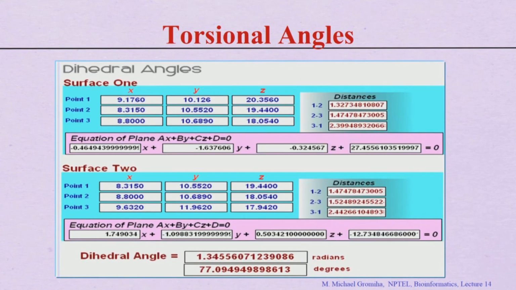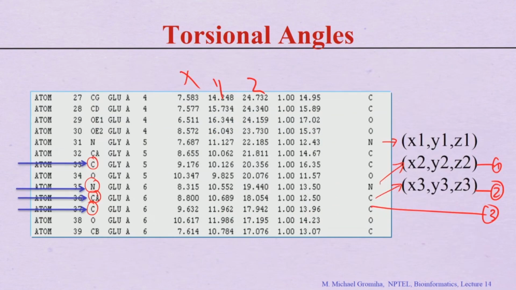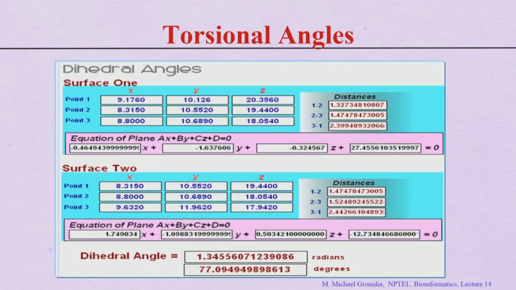I will show an example with the same data. There is a server which can take these x, y, z coordinates and give the equation of the plane. This is the same coordinate I showed here, 9.176, the coordinate for the first atom. It gives the equation of the plane.